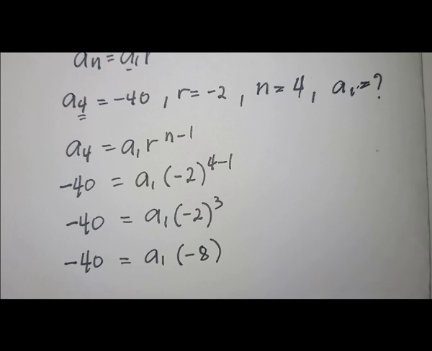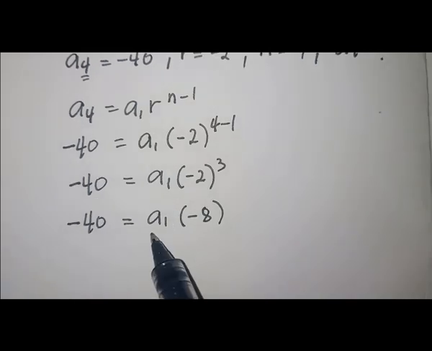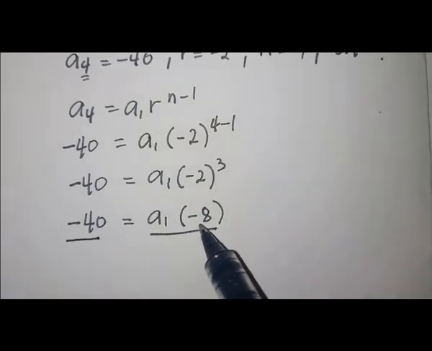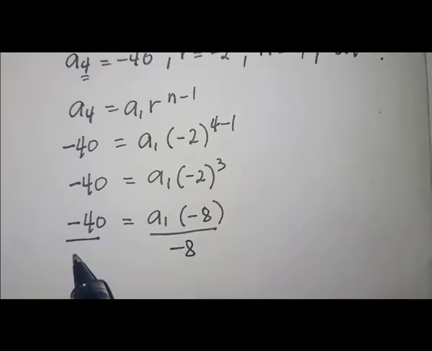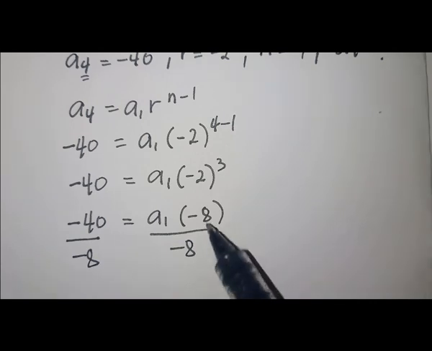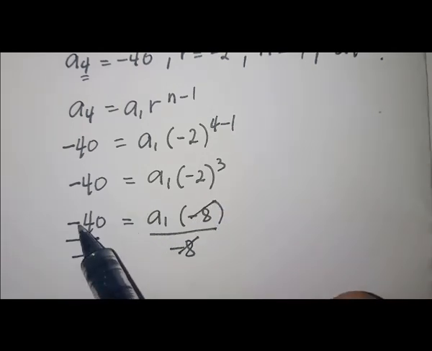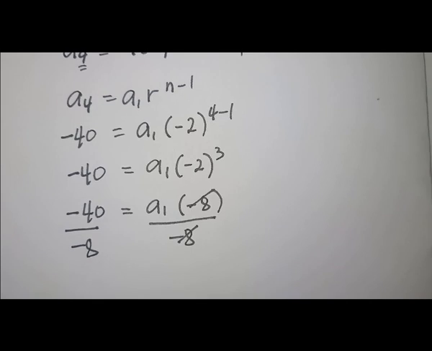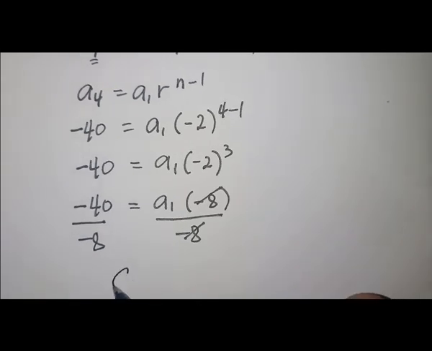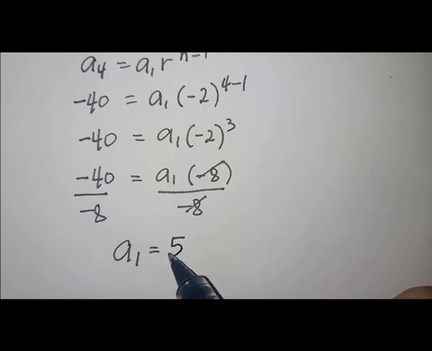So ang kailangan lang naman natin yung first term. So let us divide both sides kung ano yung number na katabi ni a sub 1, we have negative 8. So cancel out natin si negative 8. So we have 1. So negative 40 divided by negative 8. Okay, so negative divided negative will be positive, and 40 divided 8. The first term from this given sequence is 5.